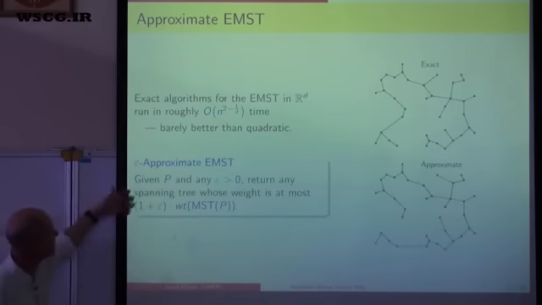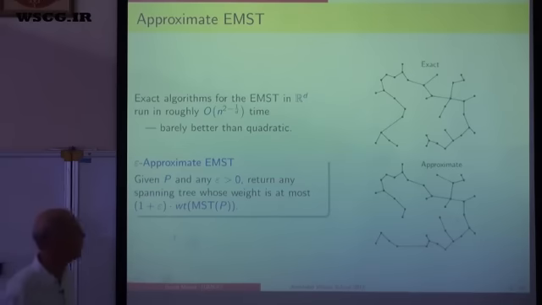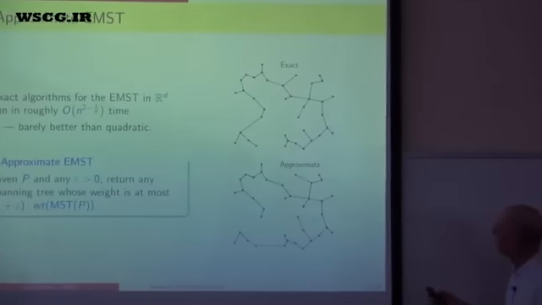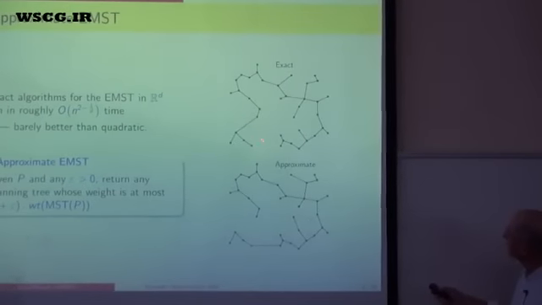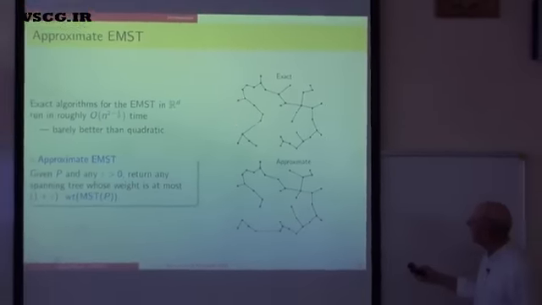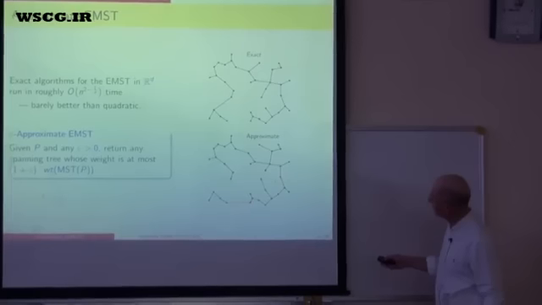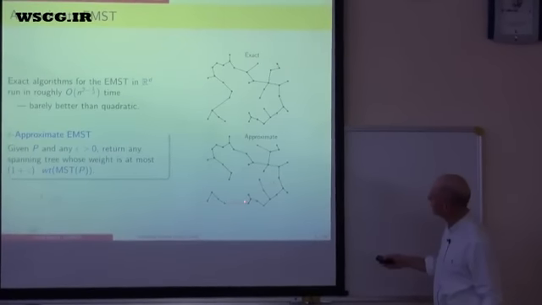So for this reason, it's of interest to consider approximations to the EMST. And in the example, I don't think you can really see it here, but here's an approximate EMST, here's an exact EMST. You'll notice that some edges, for example, this edge in the exact EMST is not here, but some other edge has been put in. And I guess this length was about the same as this length.